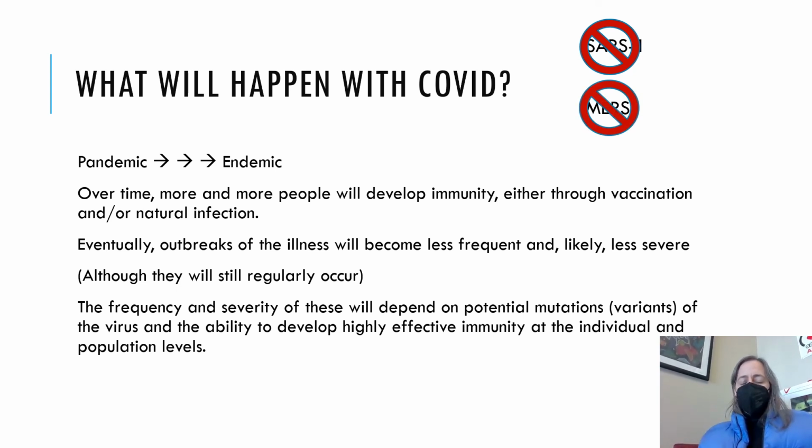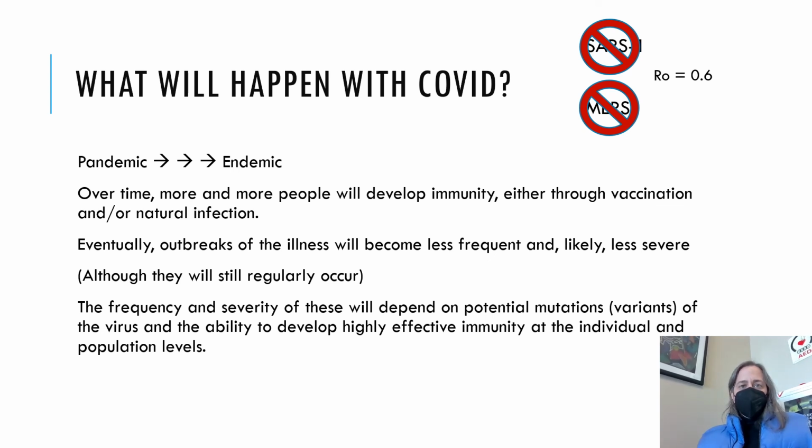In large part, that's because their R naughts were really low, 0.6. So on average, one person infected less than one other person, and they were much easier to control. So we were optimistic, and COVID is not cooperating.